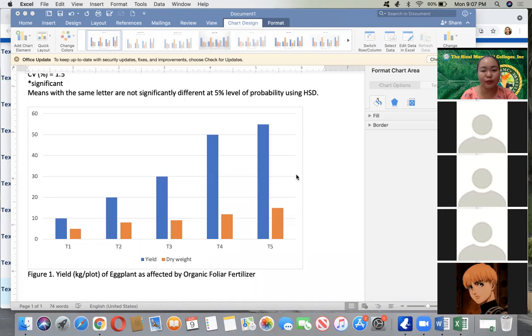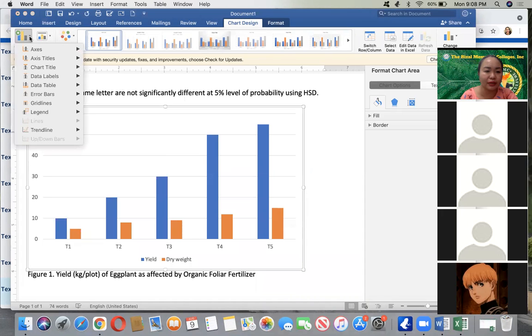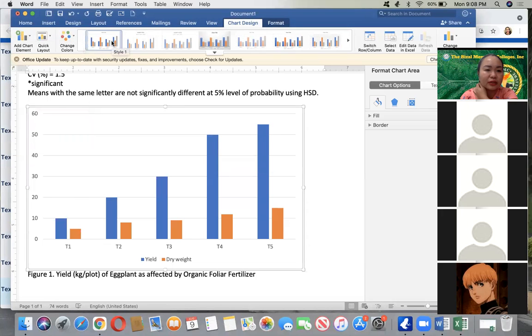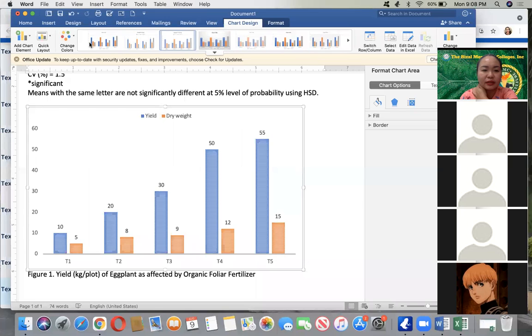And if you want, this is a bar chart, and if you want it as a line chart instead, you choose the design you like.